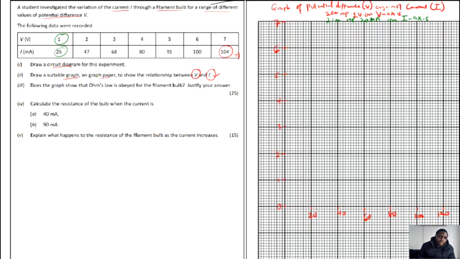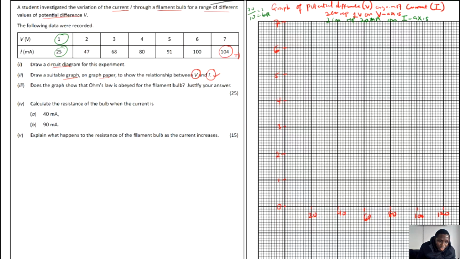I'll say it again. My scale for the horizontal axis, which is the I-axis, is 2 centimeters that represent 20, right? So 20 divided by 10, where I get this 10 from the 10 boxes in between 20 and 40. So it means each individual small box between 20 and 40 is going to be 2.